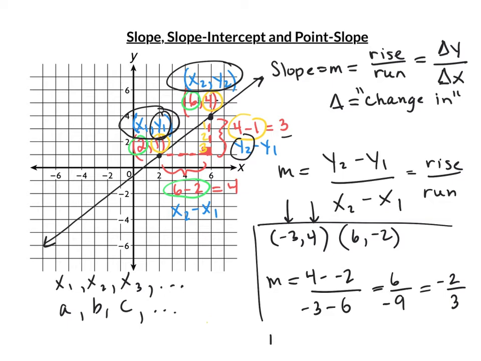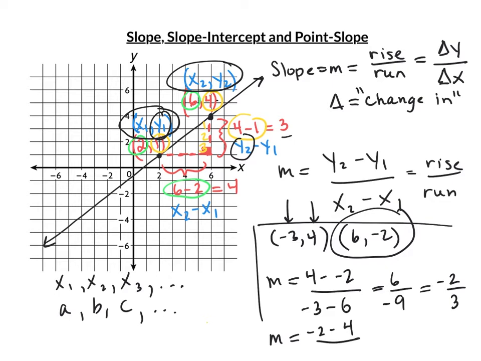Now, by the way, I just want to point this out. You can start with either point in the top and bottom of the fraction. I could have started with the 6, negative 2 if I'd wanted. So I'd subtract the y's up top, negative 2 minus 4, the other y, and down below I subtract the x's. So start with the same point.